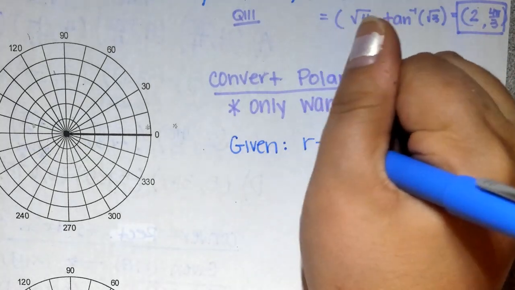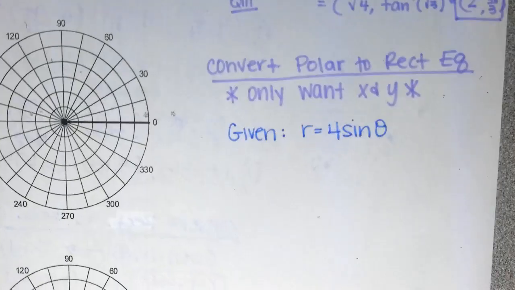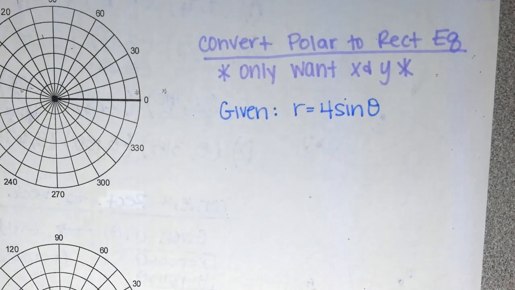So here is the first equation. r equals 4 sine of theta. How do I get rid of r and theta and get x and y? Substitute. We are going to do that.